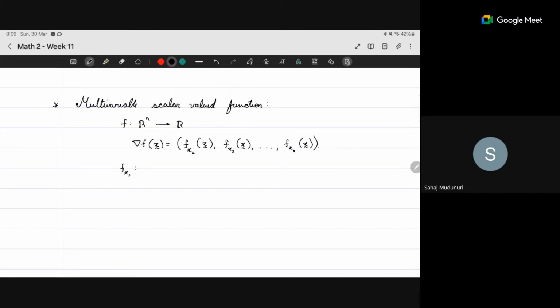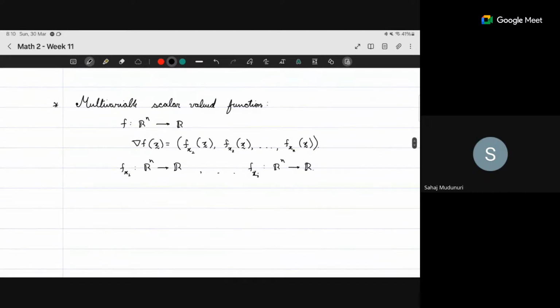So each fxi, for example, fx1, is again a function from Rn to R. This had come up in the discussion in the last session as well, when we were discussing continuity of the gradient. So similarly, you look at the component functions and you try to get the partial derivatives of these.